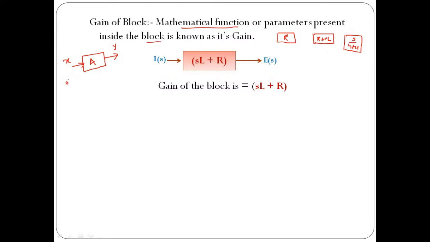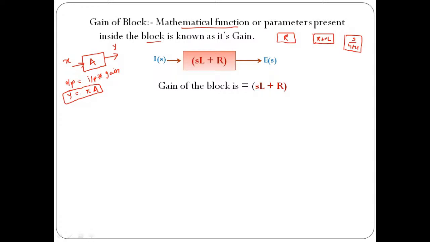Output is always going to be equal to input multiplied by the gain of the system. That is important. In this case output is Y, input is X and gain is A. So this is the fundamental mathematical relationship between output, gain and input.